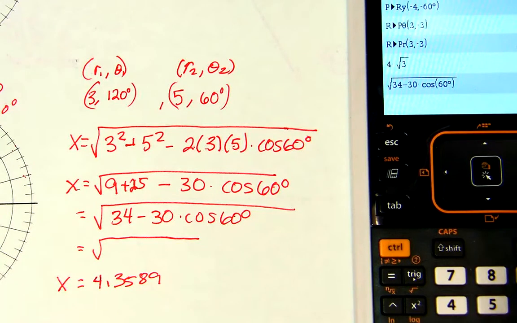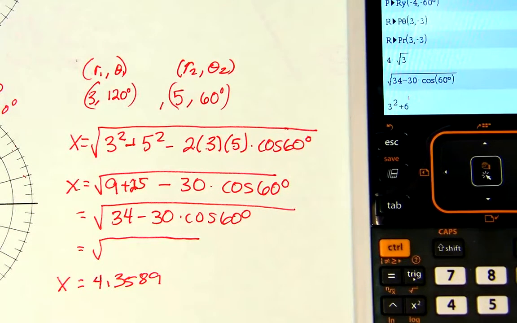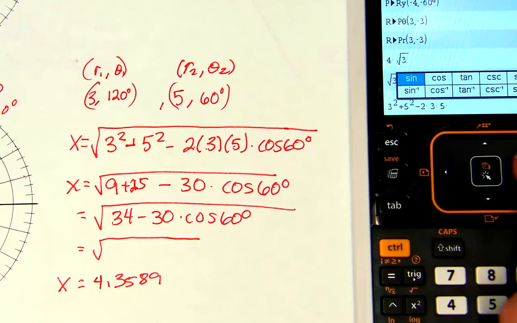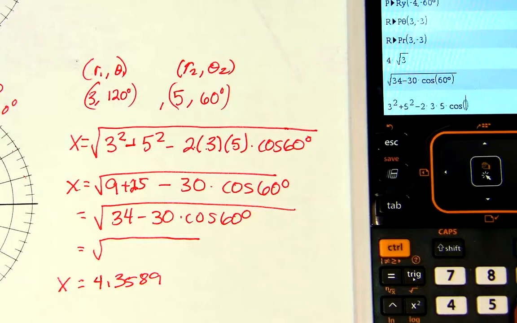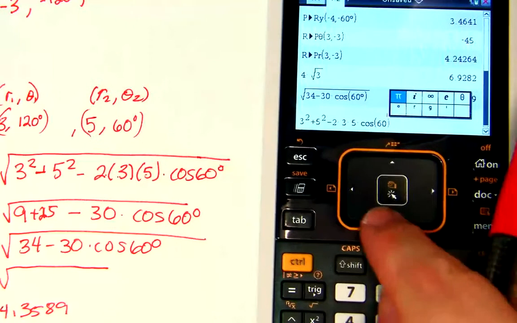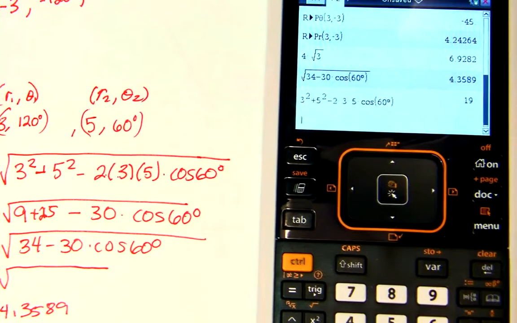Now, if you wanted to figure out what is going to go into there, you can go 3 squared plus 5 squared minus 2 times 3 times 5 times the cosine of 60 degrees, and you get 19.